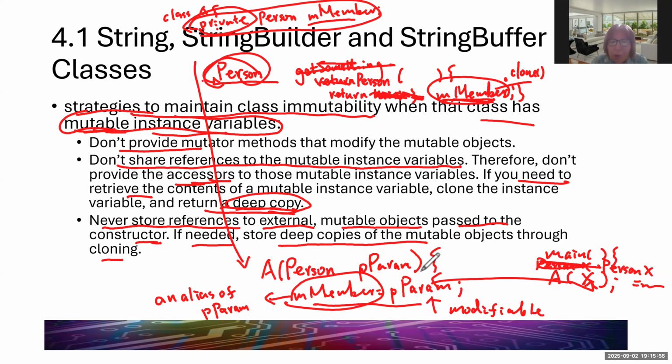So what we want to do is call clone, make a deep copy and pass it. Then it's going to be protected. That's the idea here.